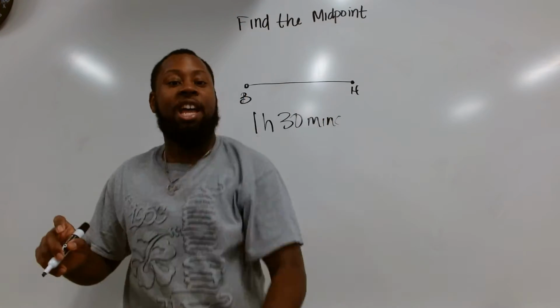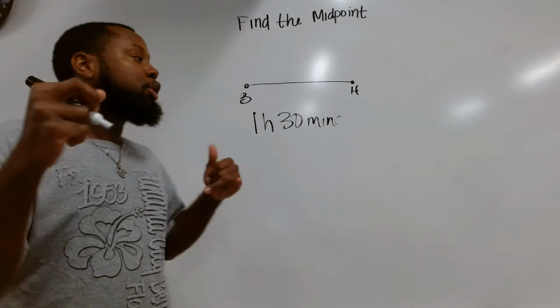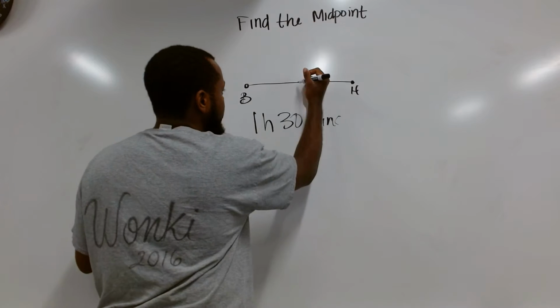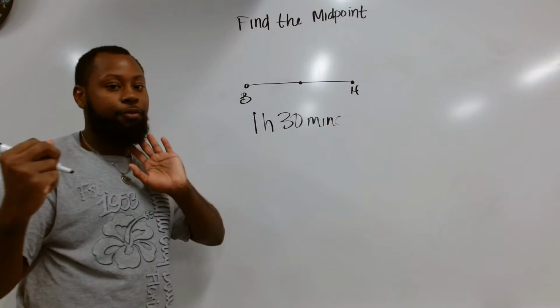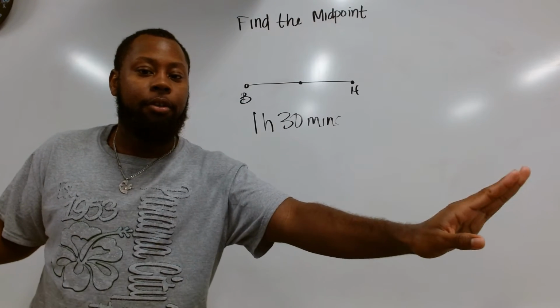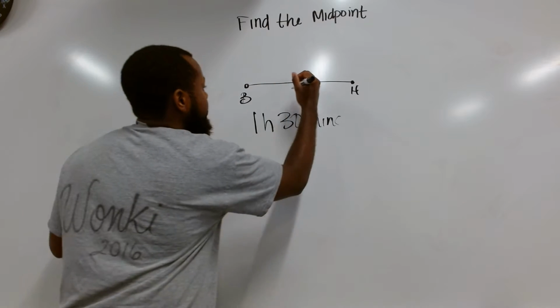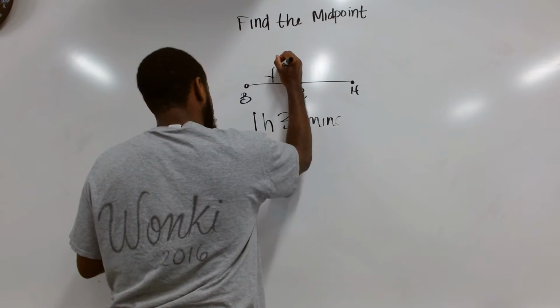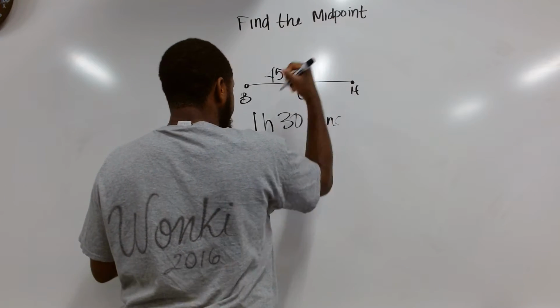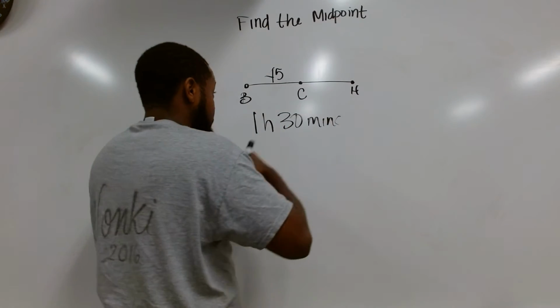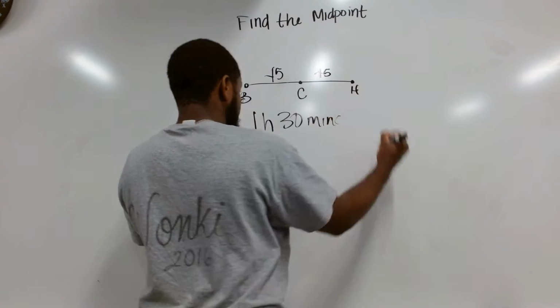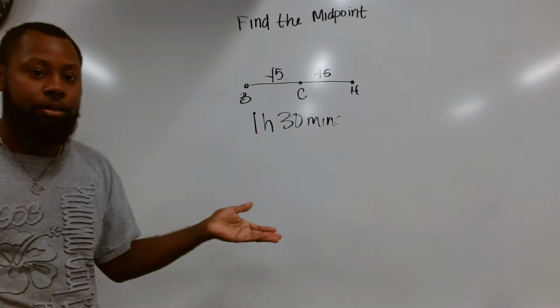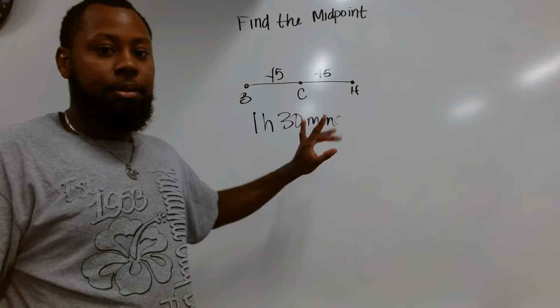Midpoint is telling me what's the halfway point. So anyone who knows from Birmingham to Huntsville, the midway point, which is 45 minutes out from Huntsville, is in Coleman. And Coleman is about 45 minutes. So it takes 45 minutes to get to Coleman from Birmingham, and it will take 45 minutes from Coleman to get to Huntsville. That is midpoint. Okay? That is midpoint.